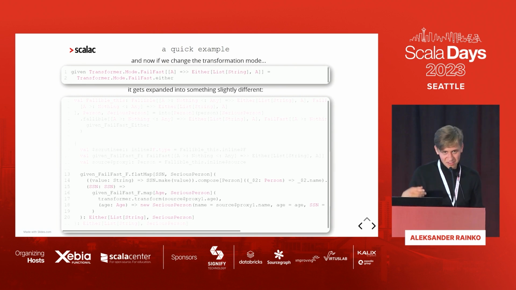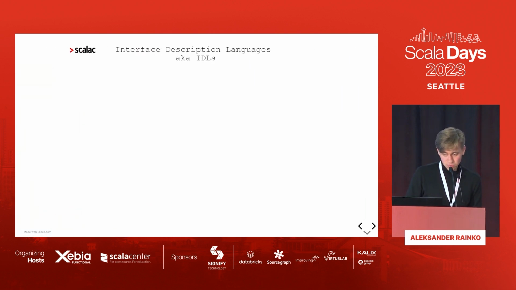I was just too lazy to come up with an example that uses just a string here, so I reused the type I had at hand. What we get here is always a singleton list on the left, because it will fail fast, basically. So now that we know what variable transformers are, we can move on to IDLs.